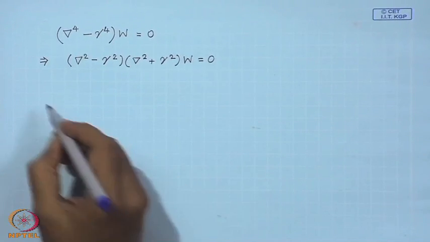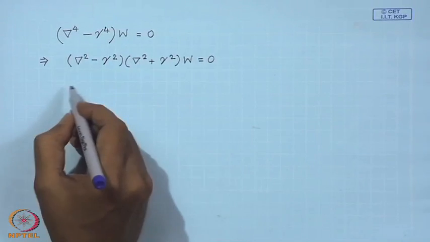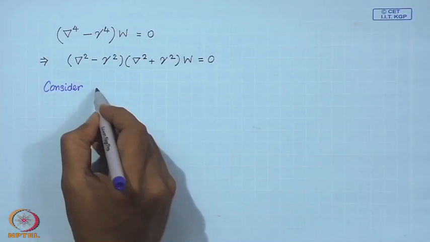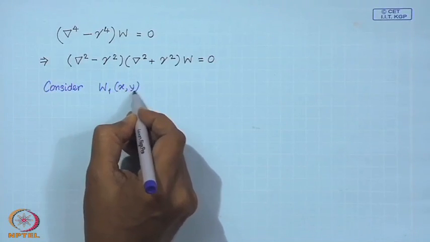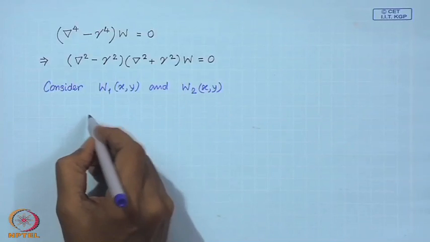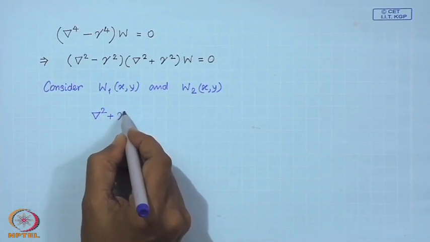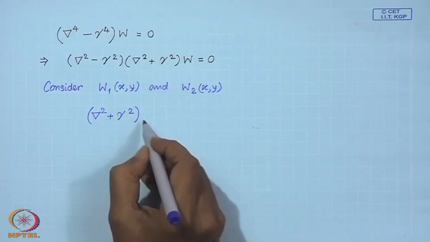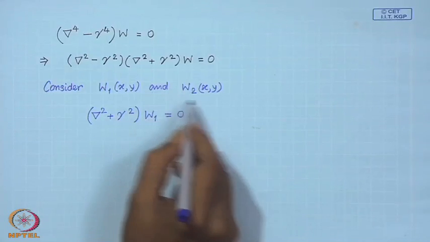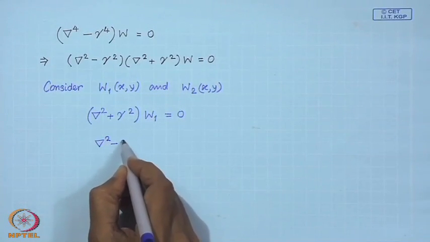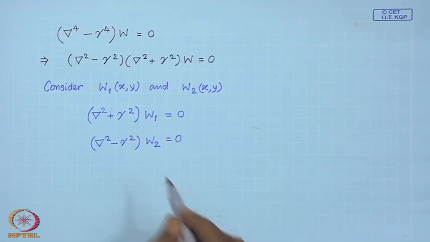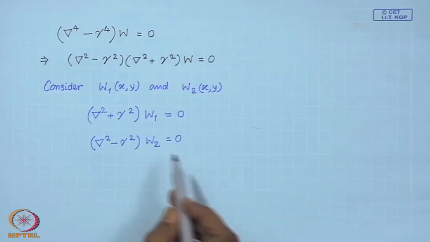So, then if I consider two functions W1 and W2 such that this operator operating on W1 is 0 and W2 is such that this operator operating on it is 0, so these two functions satisfy these differential equations.